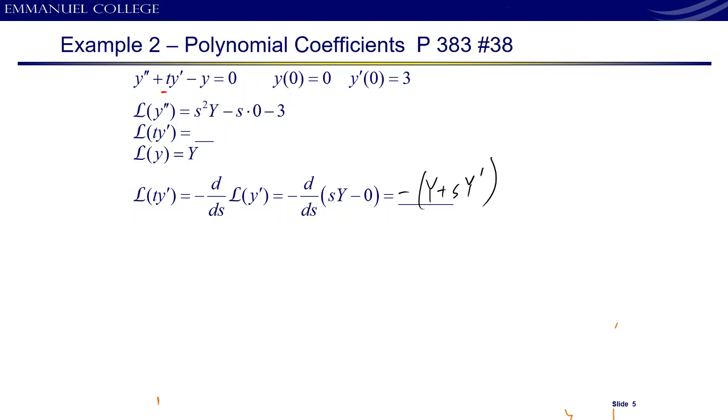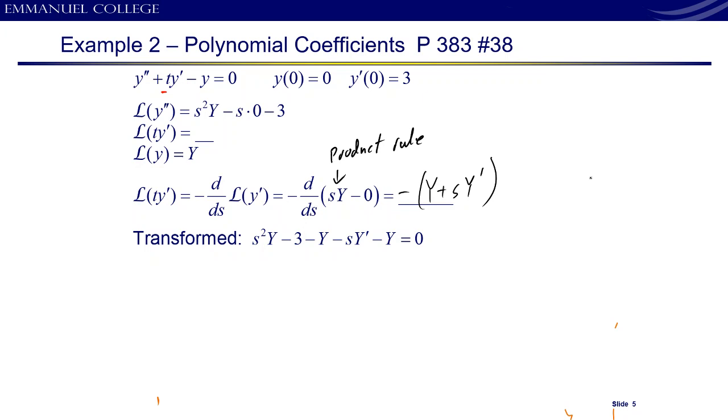And the reason for that is this becomes a product rule here. So in that case, what we're able to do is do the product rule, and now this negative is just left out front.